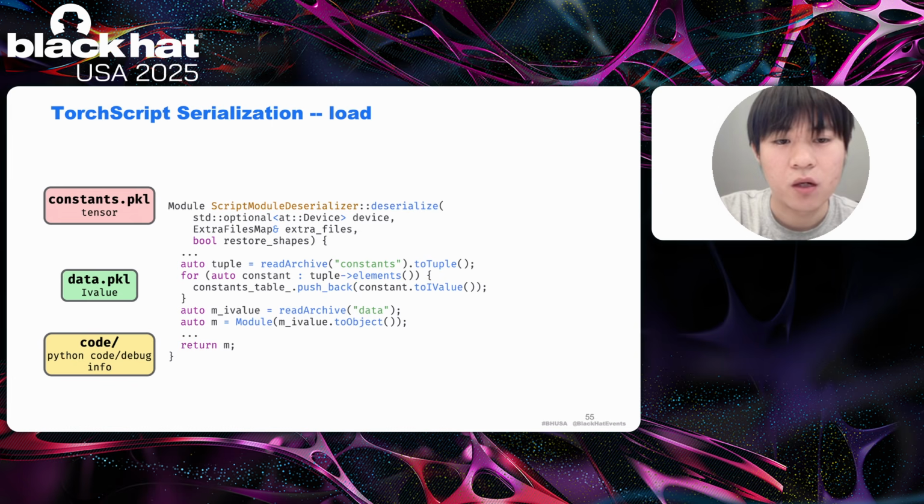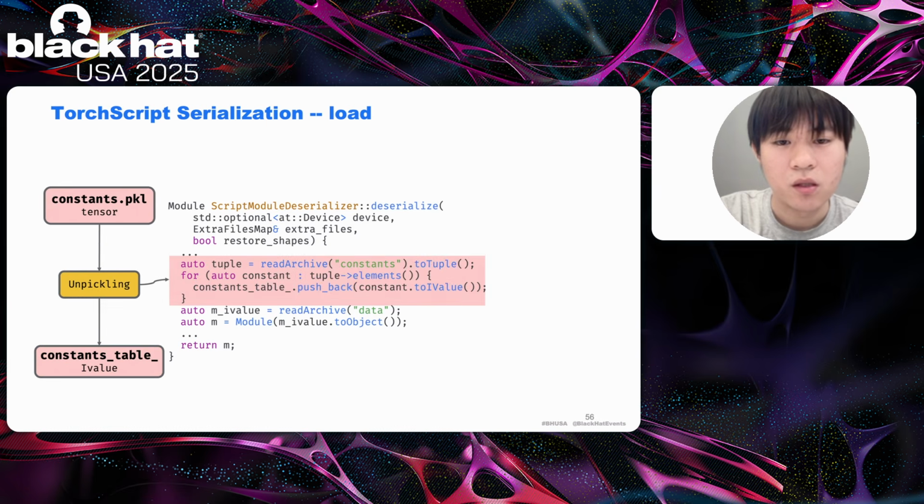Deserialize will call read archive to read constant pickle and data pickle. Then we'll get one module in C++, which is the script module in Python. During the deserialization process, first, unpickling constants pickle to obtain tensor constants, then save them in the constants table.